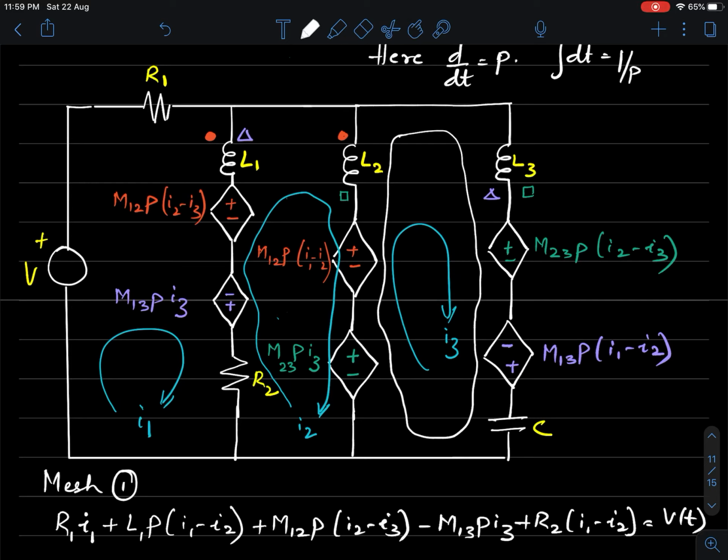That's my path. So I'll start from L3, then go to this coefficient of M23, then L3, then this, C, and back.